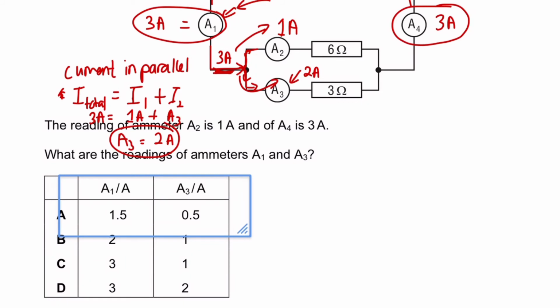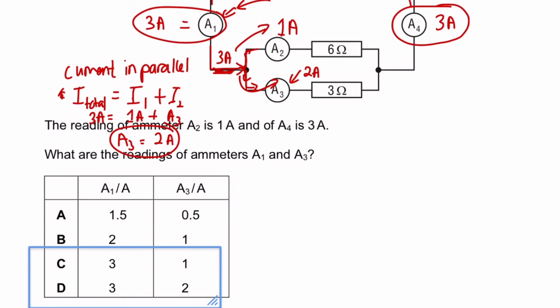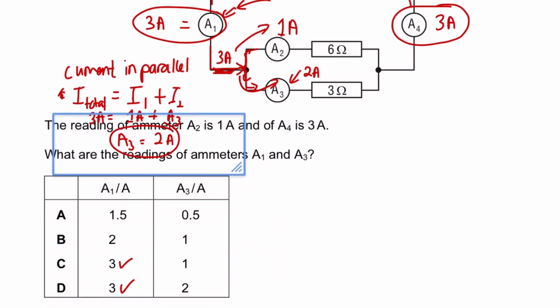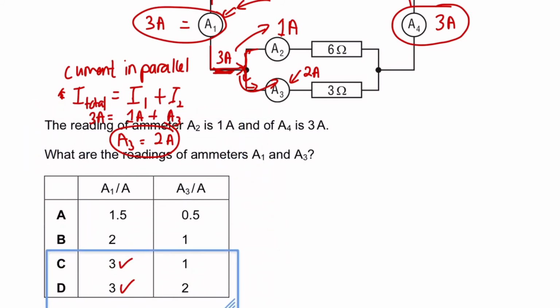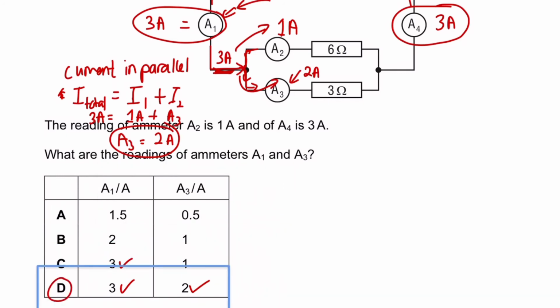A1, as we know, is 3 amps, shown by options C and D. So the first column, we have 3 in options C and D. Now we know that A3, the ammeter 3, we obtain 2 amps here. So among C and D, D has 2 amps under A3. So the answer is option D.